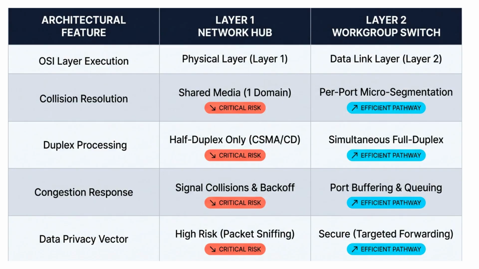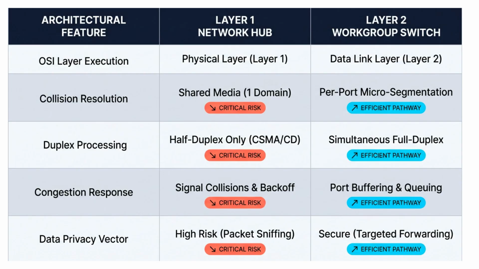Devices waste critical processing cycles running back-off algorithms, waiting for the shared wire to clear, which heavily degrades real-world throughput and spikes latency. A switch-based architecture handles this stress gracefully. By leveraging internal memory buffers, a switch can queue frames on individual ports if multiple devices attempt to communicate with the same server simultaneously, preventing data loss.